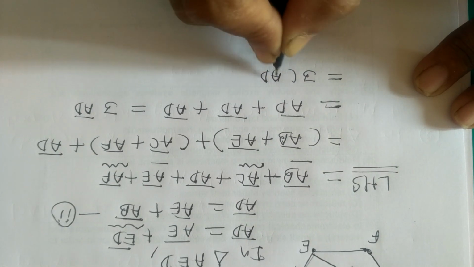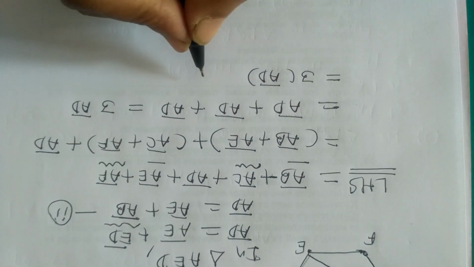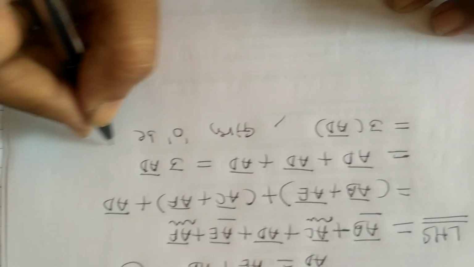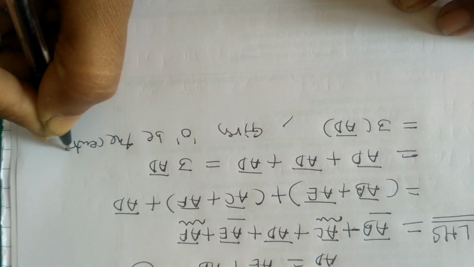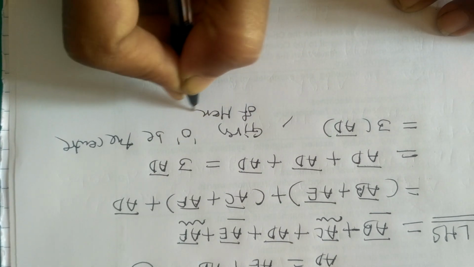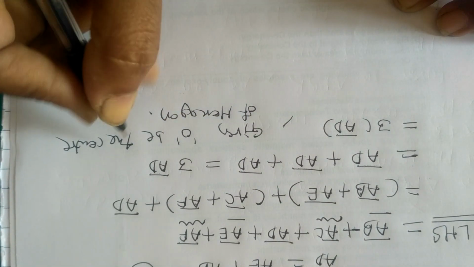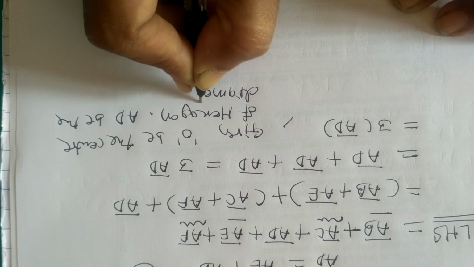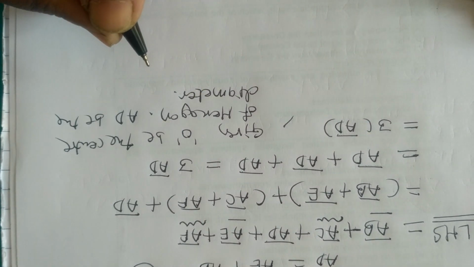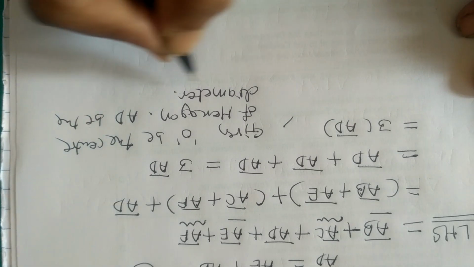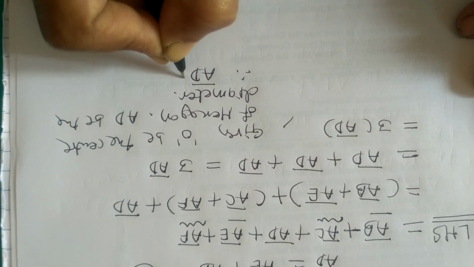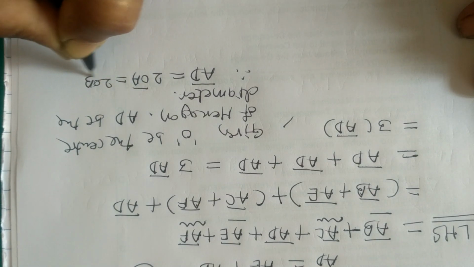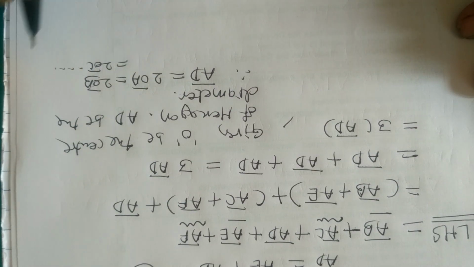As AD bar is the vector along the diameter, what is given? As given, O is the center of the hexagon. Therefore AD is the diameter. You know that half of the diameter is nothing but the vector along its radius, and therefore we write AD bar is equal to 2 times OA bar, or we may take 2 times OB bar, or 2 times OC bar and so on.